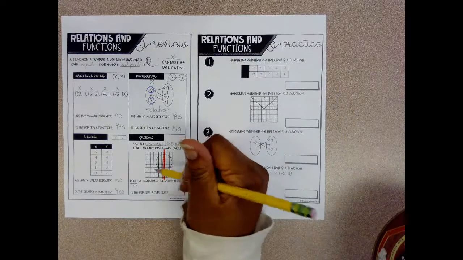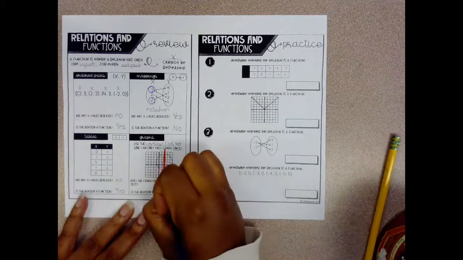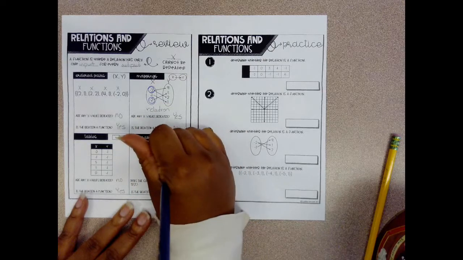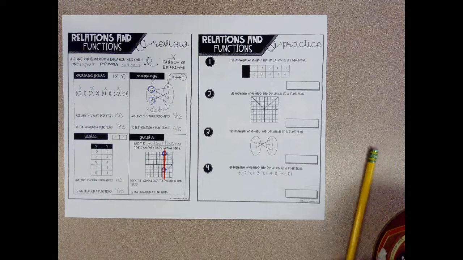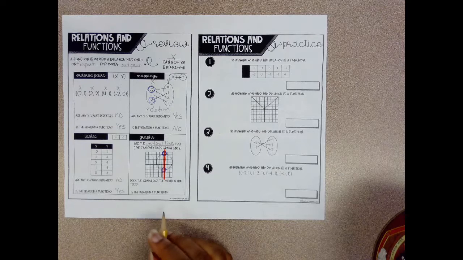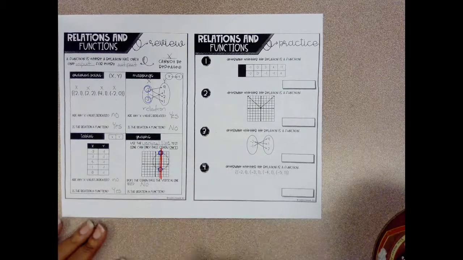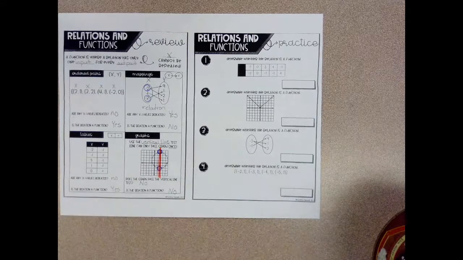I kind of messed up there, but you guys will be all right. In order for it to pass the vertical line test, it can only touch that graph in one place. But if I look at my vertical line, I circled the places where it touched the graph. This vertical line touches the graph in two places. So it does not pass my vertical line test. And since it doesn't pass, then no, it is not a function.